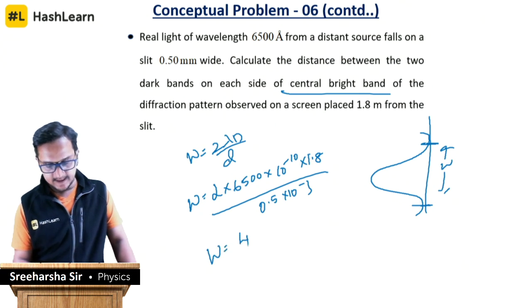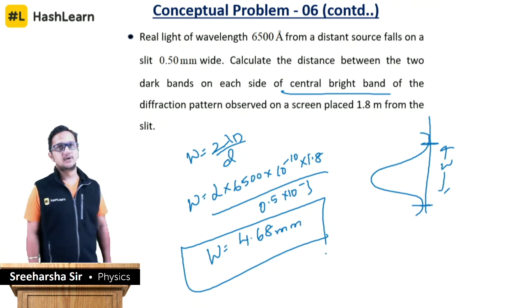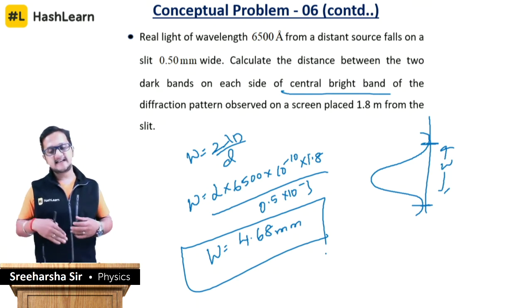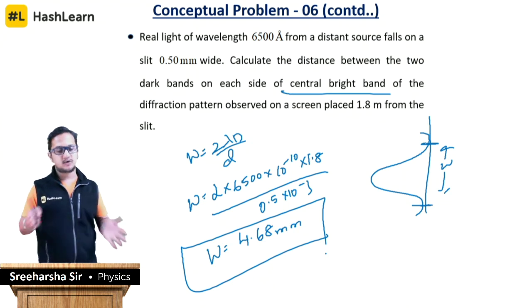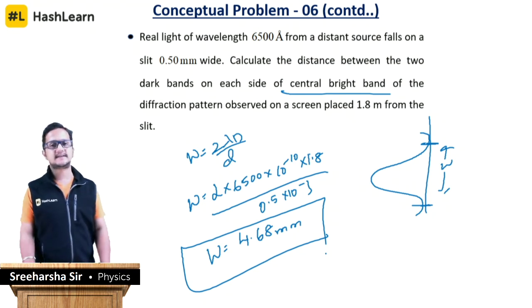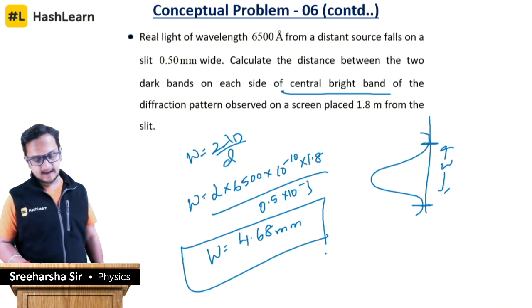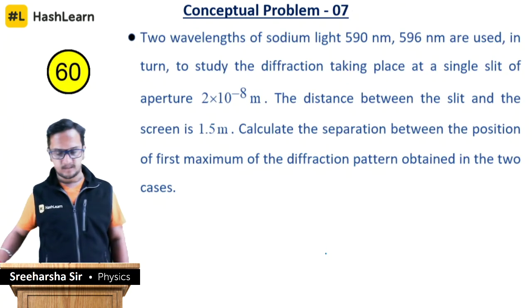The width will be equal to 4.68 millimeter. So instead of doing a sin theta is equal to n lambda on both the sides and then calculating the distance of x, the simple way of solving this is finding out the width of the central bright maxima.